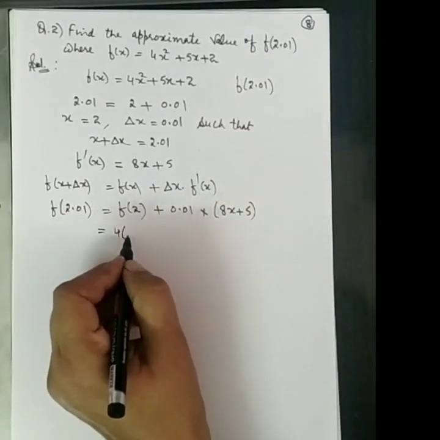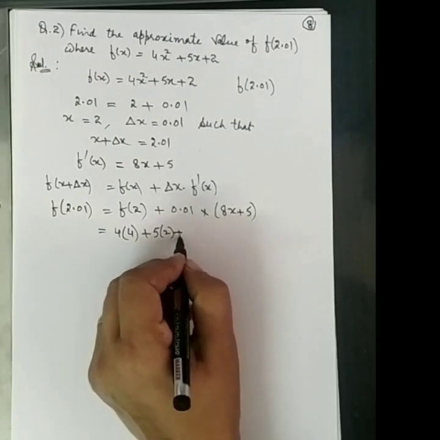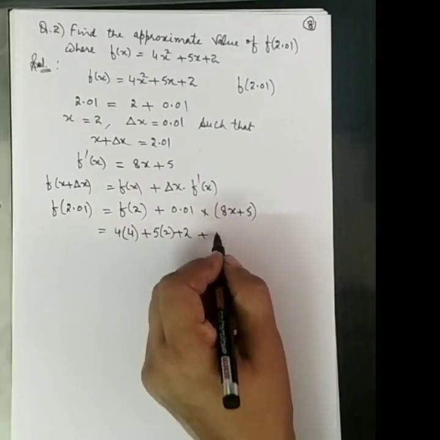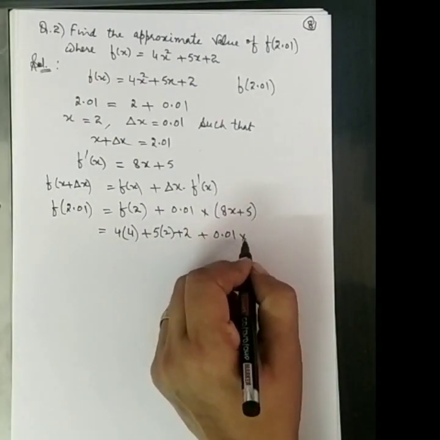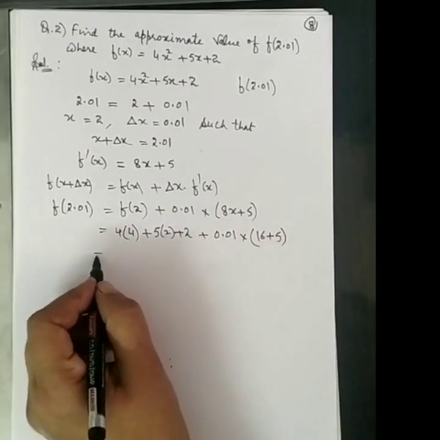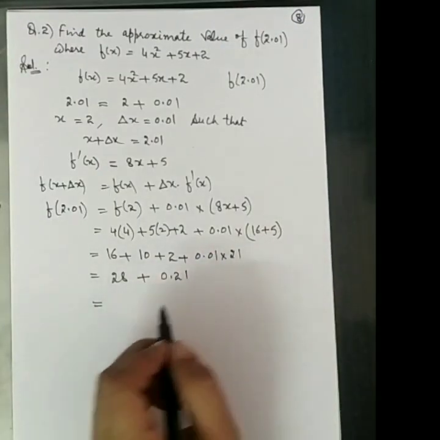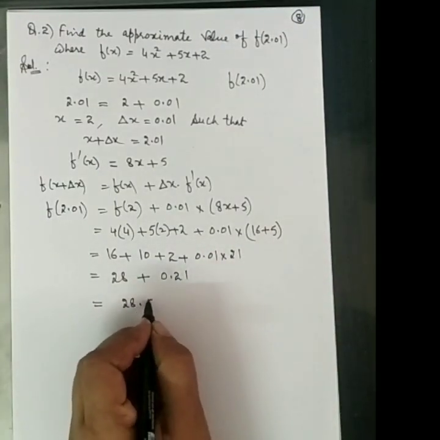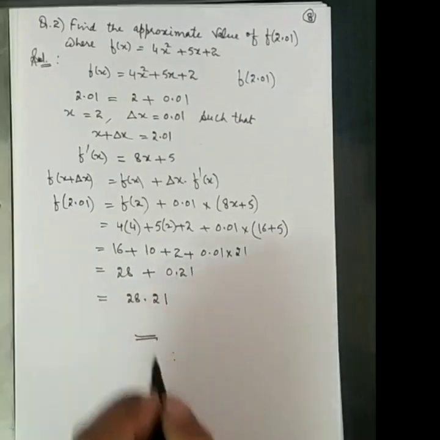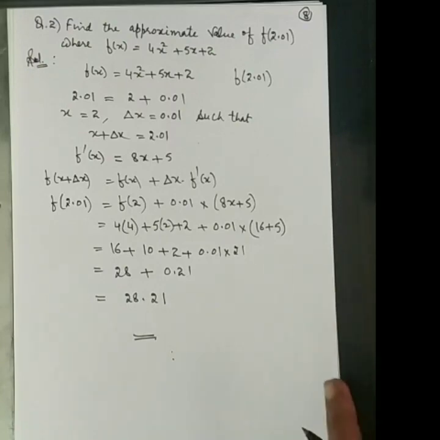So it is 4 into 4 plus 5 into 2 plus 2 plus 0.01 into 8 into 2 plus 5. Now calculate it. So it will be 28.21. Similarly, third question is same. Find f of 5.01.